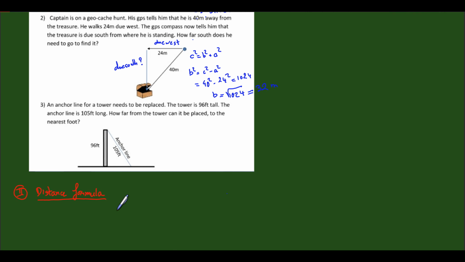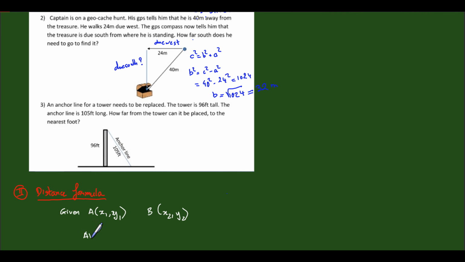The distance formula helps you to find the distance between 2 points, but you must know the coordinates of the 2 points. Let's say the coordinate of point A is x1, y1, and the coordinate of point B is x2, y2. Now you want to find the distance between A and B.